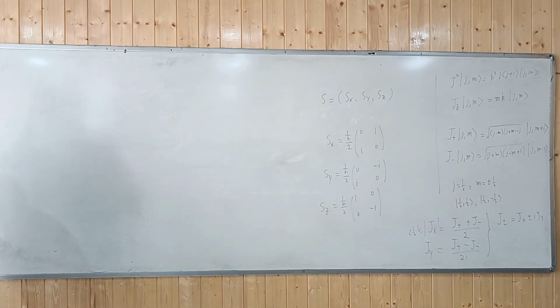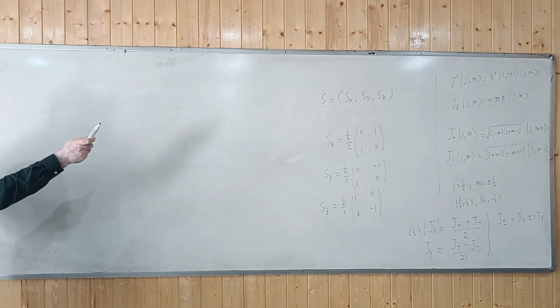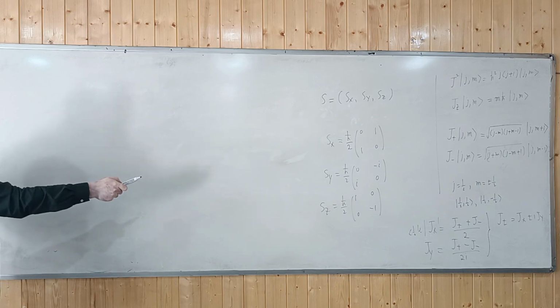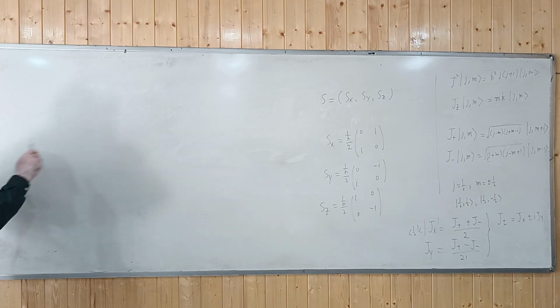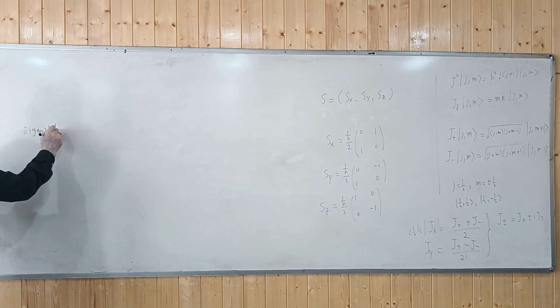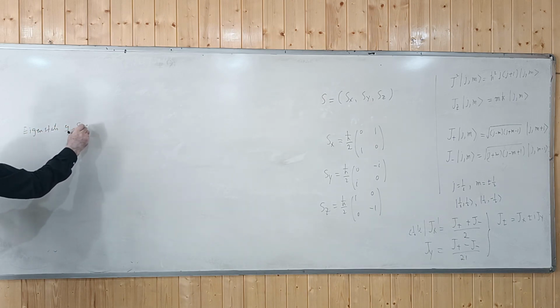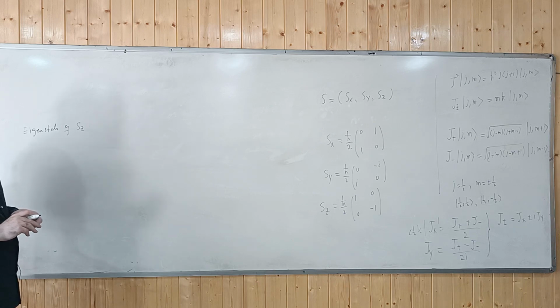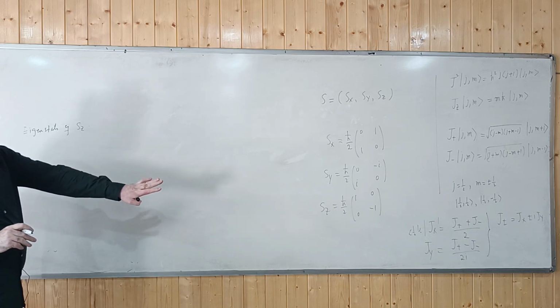So let's take Sz, since in that representation I am taking Jz to be diagonal. Now look here, which matrix is diagonal here? Sz. Is Sz diagonal? So let's take the eigenstates of Sz. What are the eigenstates?